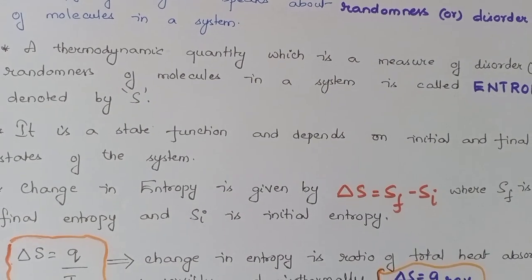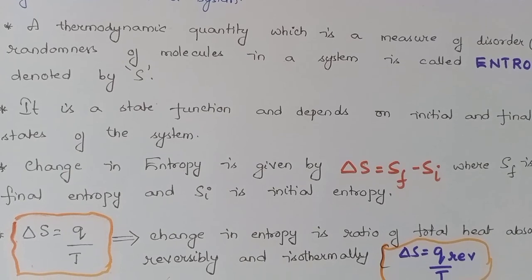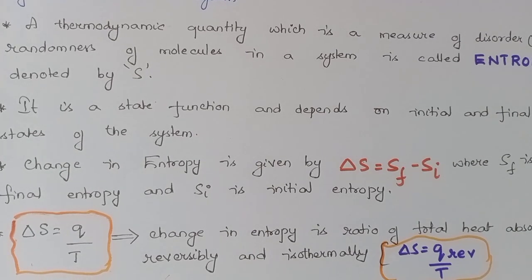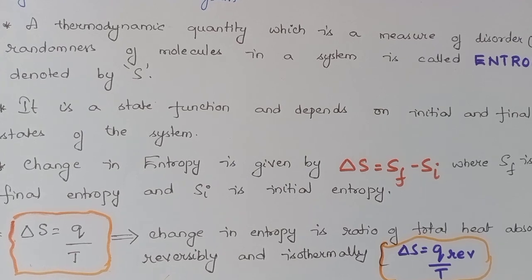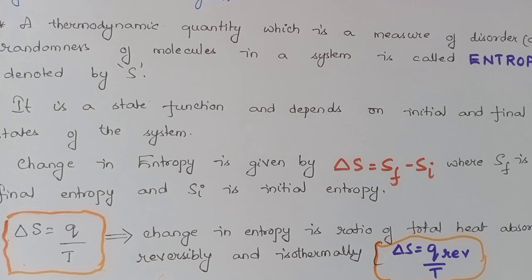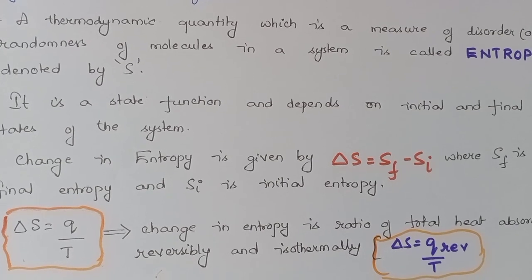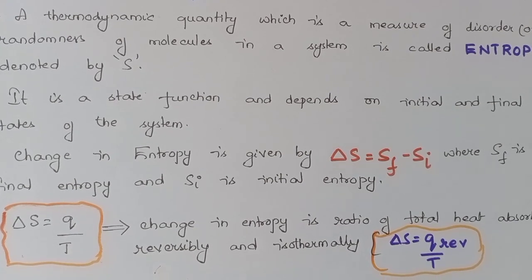Also delta S, that is the change in entropy, is given by Q by T. You all know Q is the total amount of heat absorbed or released. So delta S, the change in entropy, is the ratio of the total heat absorbed reversibly and isothermally. What is the meaning of isothermally? Temperature is kept constant. So it can also be written as delta S is equal to Q reversible by T, where Q reversible means heat absorbed reversibly.